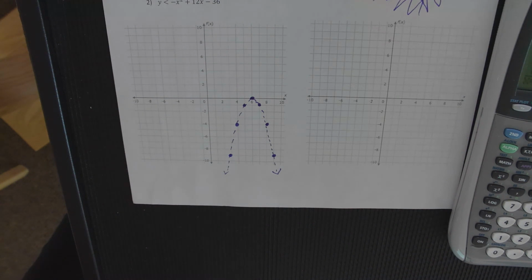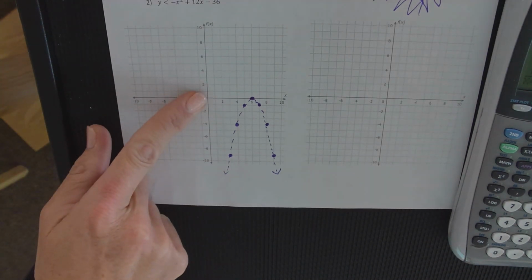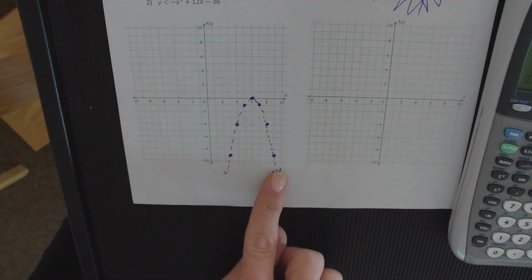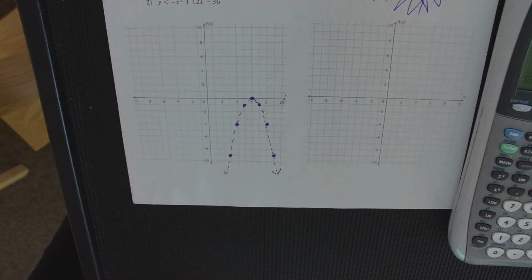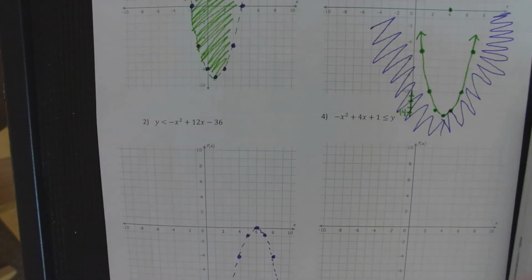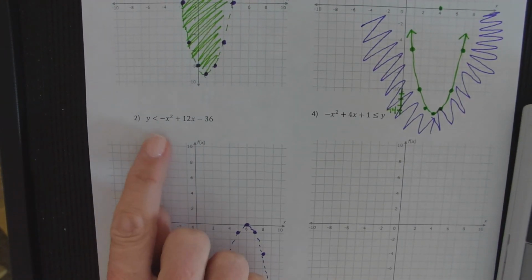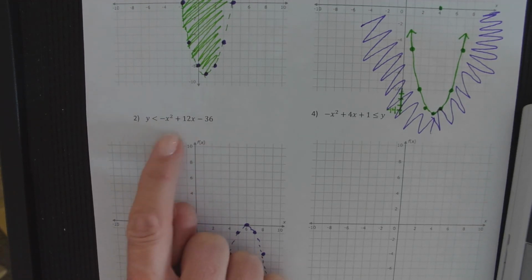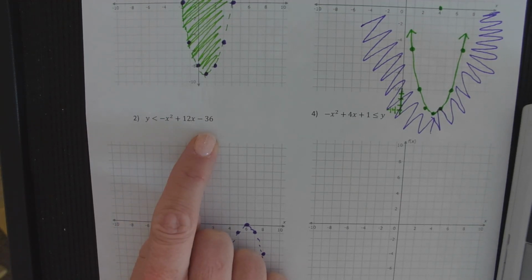Okay, let's say we do 0, 0 and we get a true statement. Where do I shade? Outside. Okay, look at where is 0, 0 in relation to this parabola? In or out? Out. Let's do the math real quick because it's super easy. Everybody loves 0. Let's do it together. 0 plus 0 minus 36. So all that, we simply get -36, right?